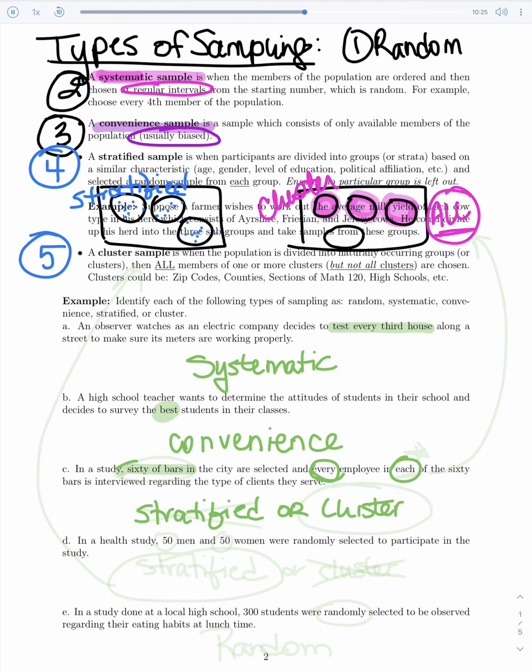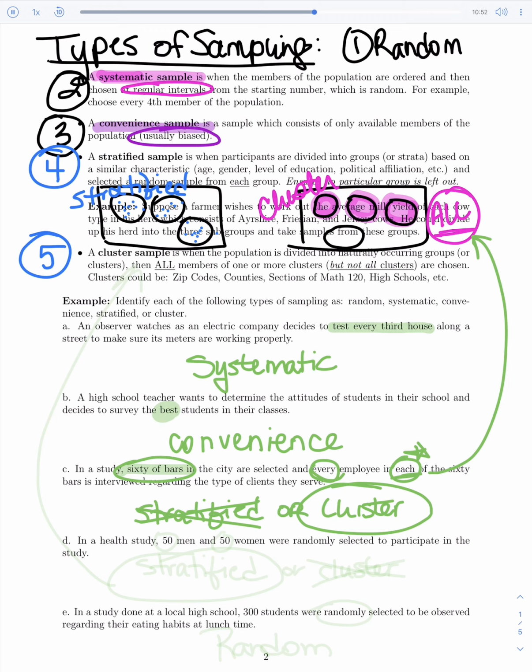So they took 60 bars, which is not all the bars, but some of the bars, but they did everybody in those groups. Well, the only one in which we took everybody in the groups was the cluster. So we do not have stratified, we have a cluster sampling, and the key is that you're tracking down every person in those groups.